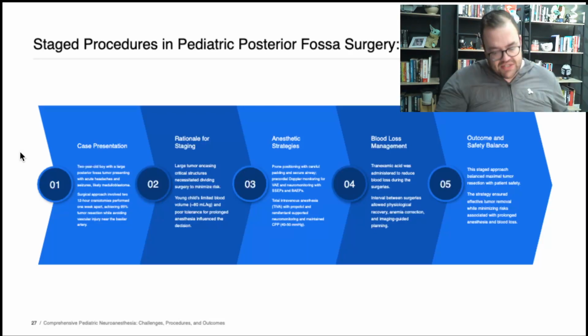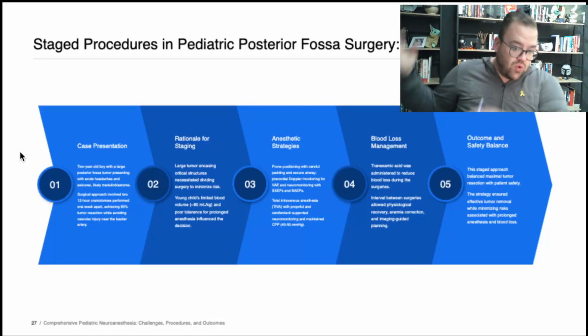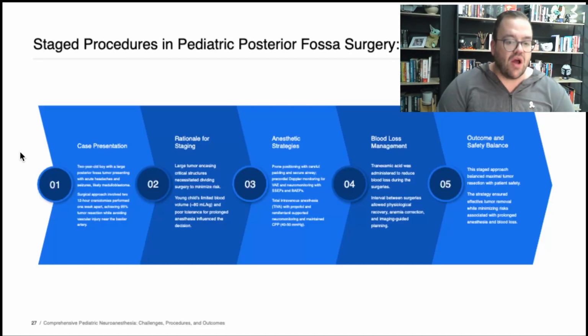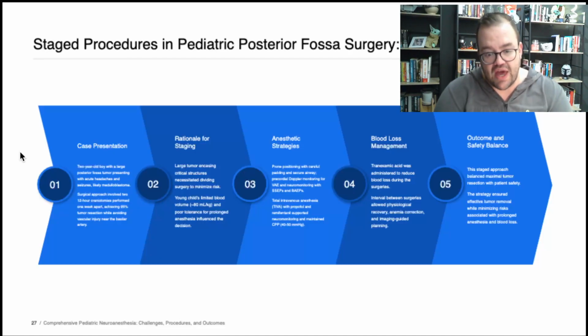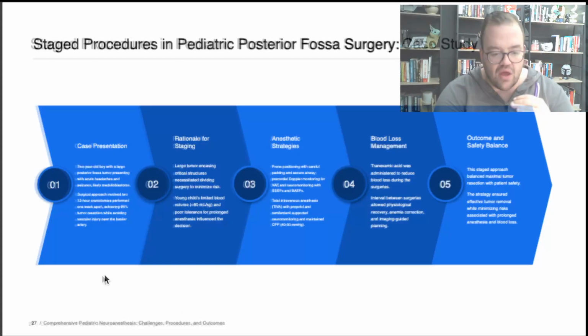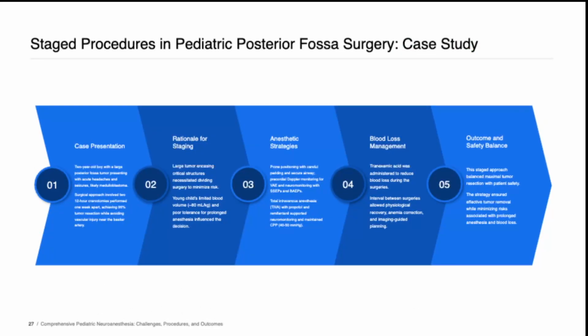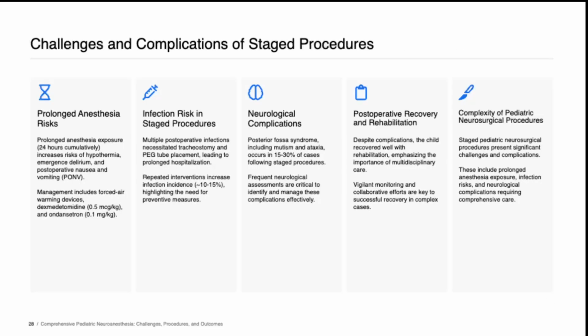On a Saturday we did 12 hours and we got 95% of that tumor. Okay, so it can be done, but you need to have a risk benefit analysis, and again, the teamwork is absolutely critical. What are the challenges and complications? Well, they end up having multiple anesthetics for a prolonged period of time.